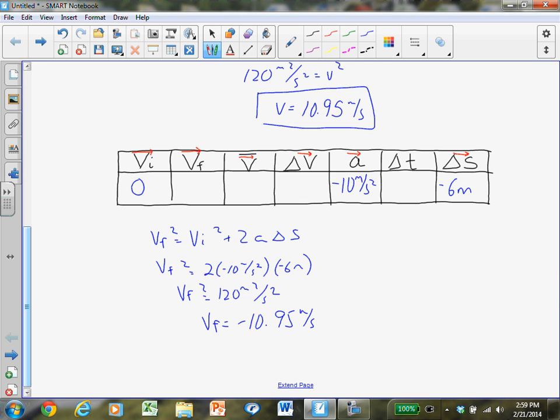So you get the same answer either way. Sometimes it's easier to use energy methods. Sometimes it's easier to use the simple kinematic equations.